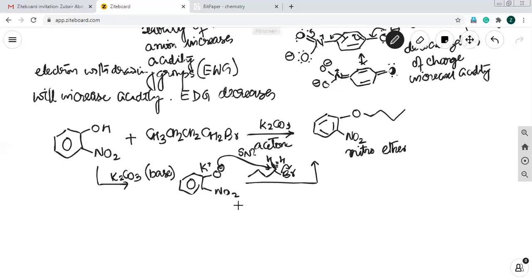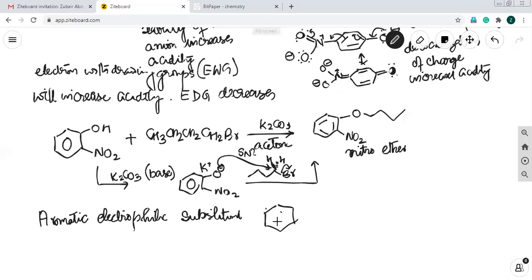Okay. Now you can do many aromatic reactions, aromatic electrophilic substitution reactions, with this aromatic compound, which we have already studied. We have studied this before.